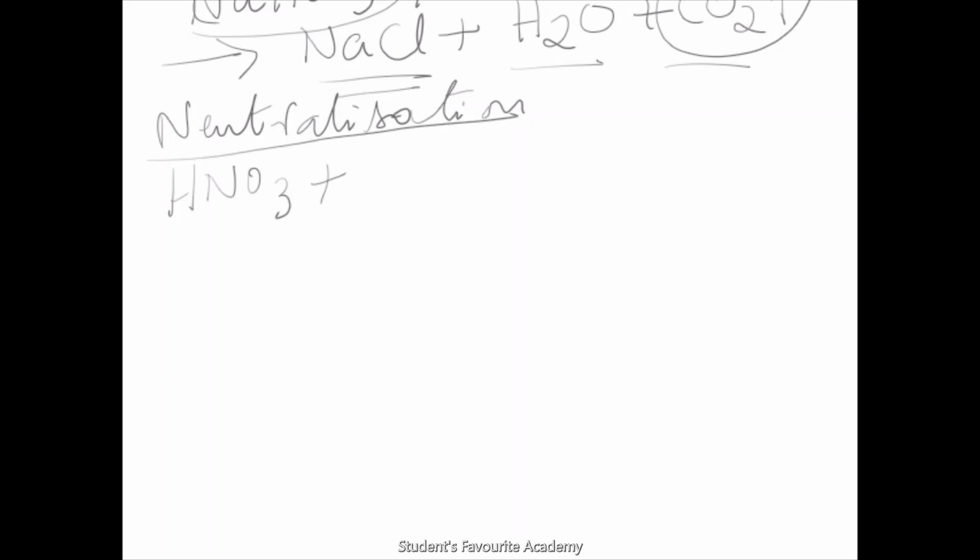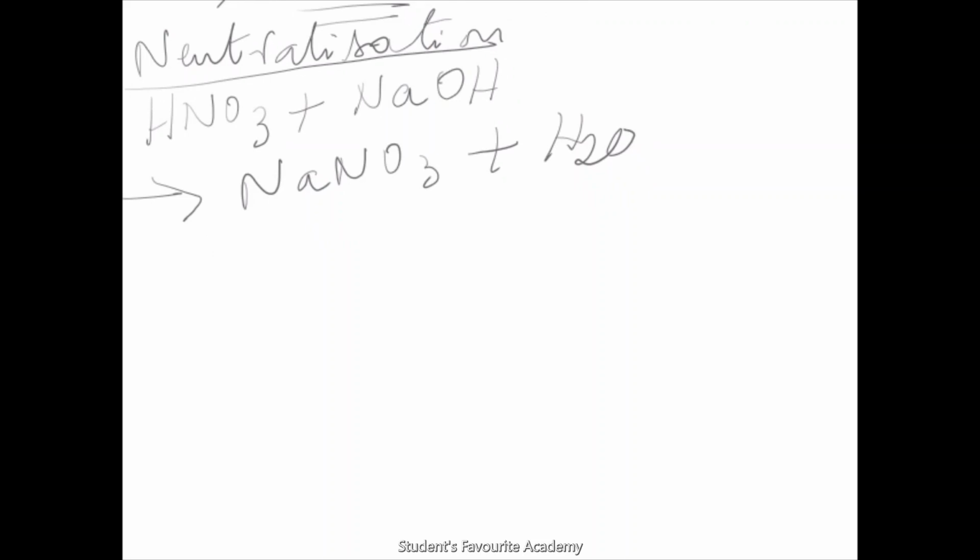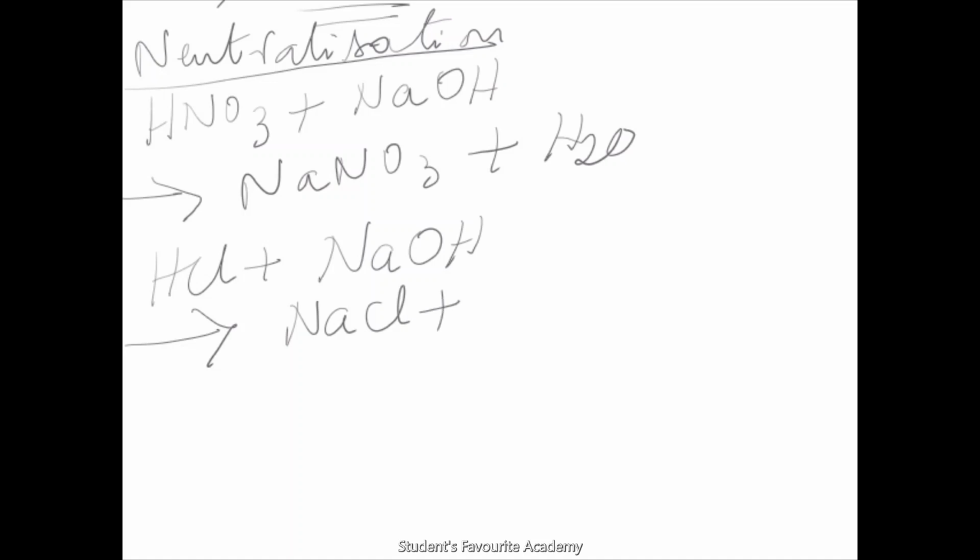So when an acid, say nitric acid, reacts with a base, say sodium hydroxide, you get sodium nitrate, that is NaNO3, plus H2O. So this is an example of a neutralization reaction. Similarly, HCl, hydrochloric acid, plus sodium hydroxide NaOH gives sodium chloride, that is NaCl, plus H2O.